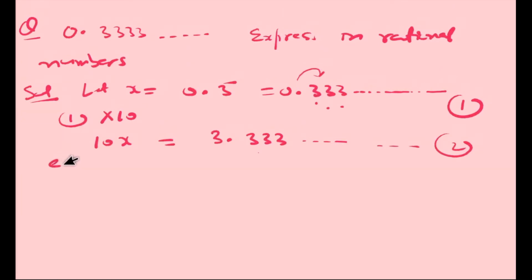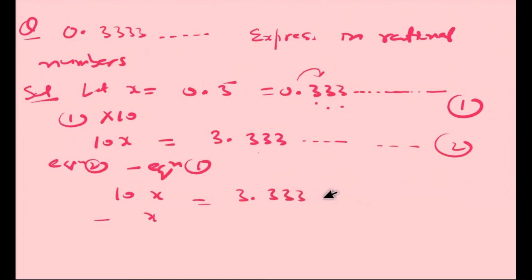Now equation 2 minus equation 1: 10x minus x. Here 3.333 and so on, you have to subtract 0.333 and so on. This 3 should cancel, right?